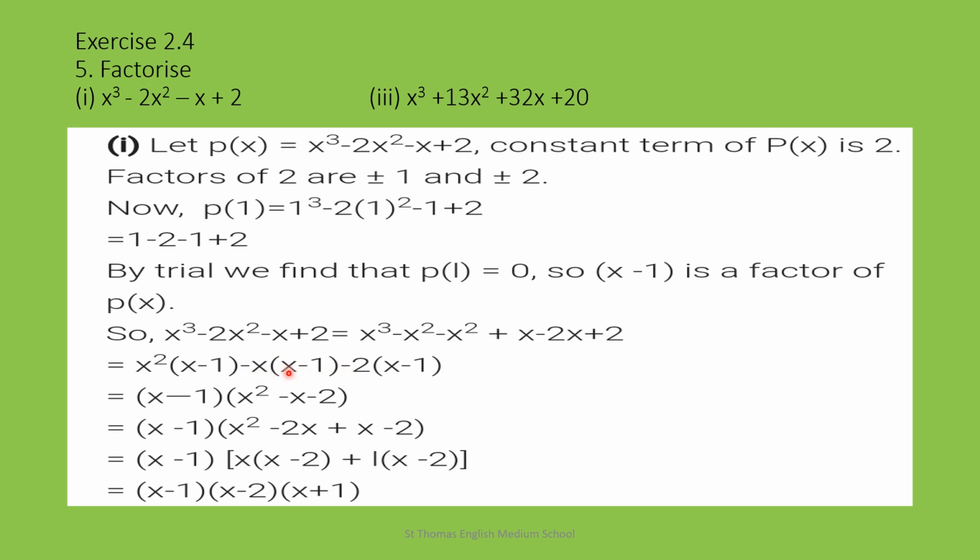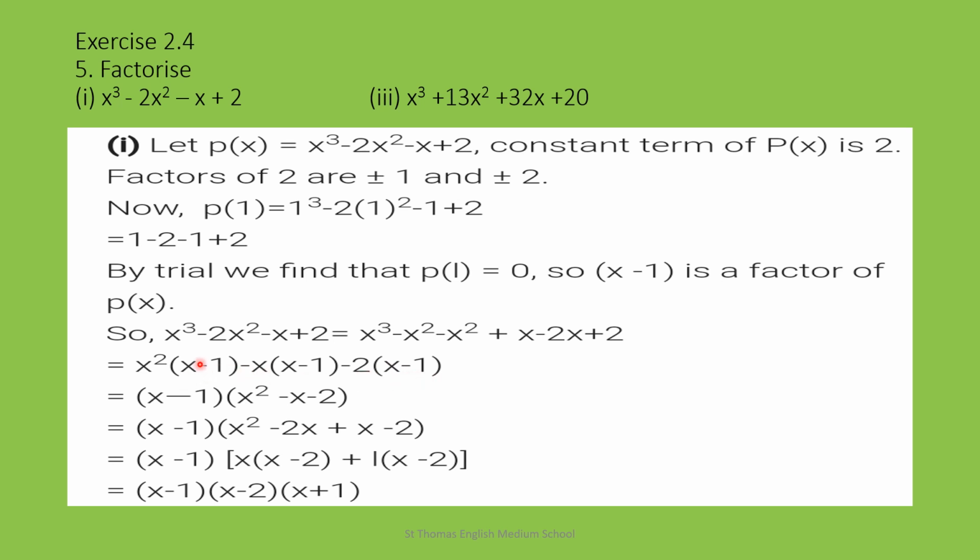Minus x multiplied by x minus 1. Minus x multiplied by x is minus x square. Minus x multiplied by minus 1 is plus x. Now take the last two terms, that is minus 2x and the constant term plus 2. In that you take minus 2 as a common factor, you will have minus 2 multiplied by x minus 1.